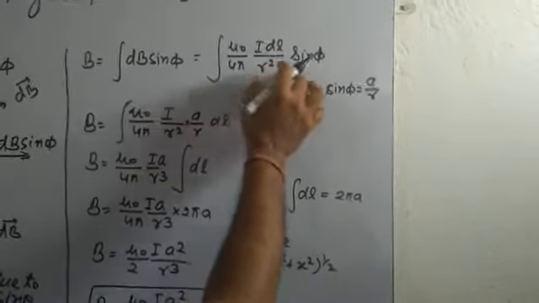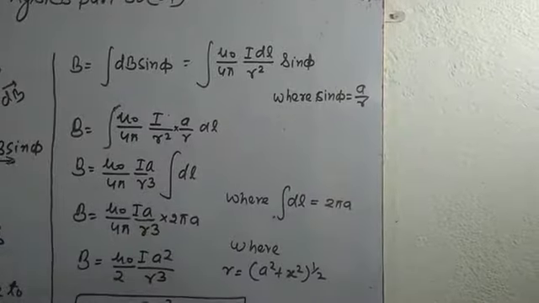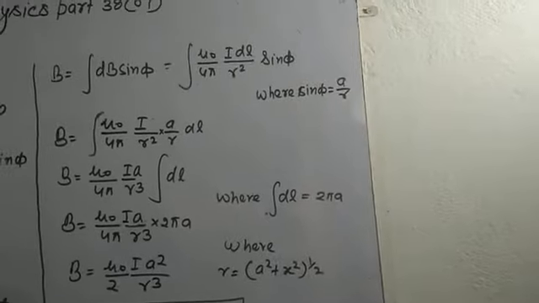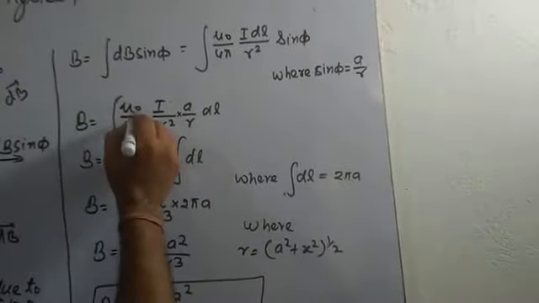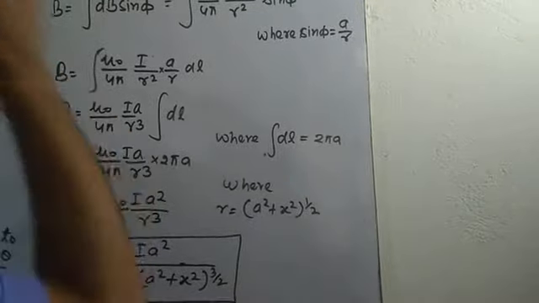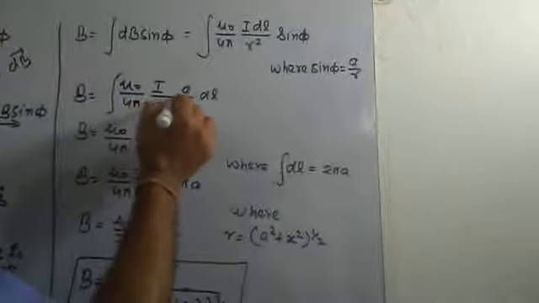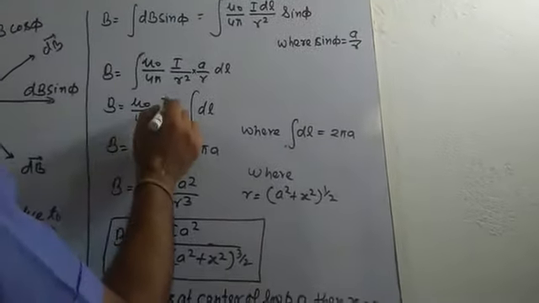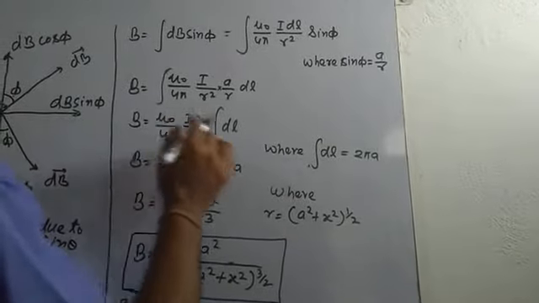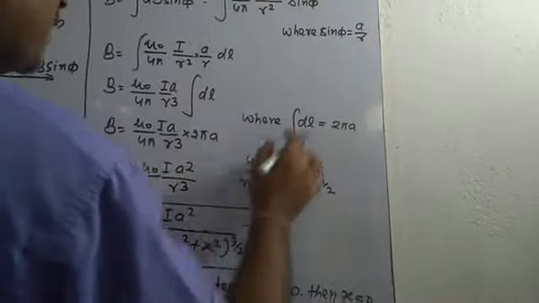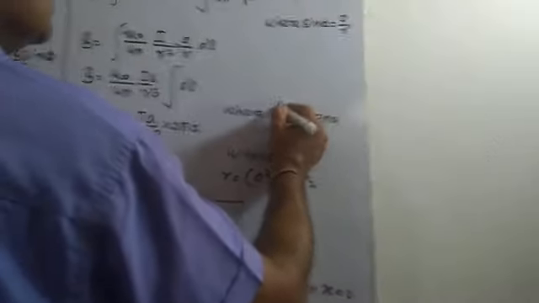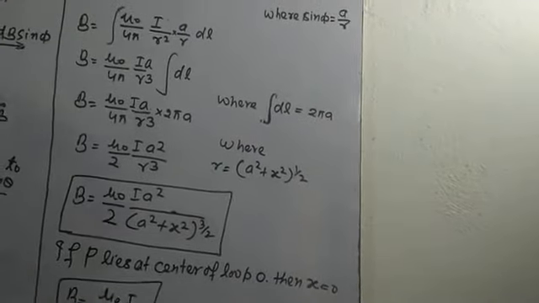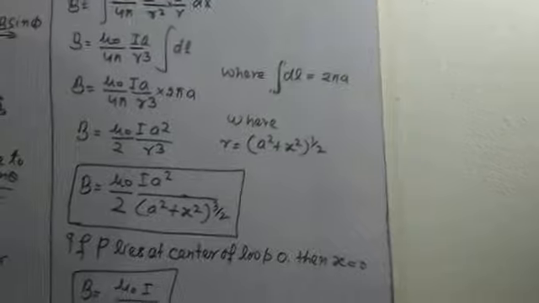where dB is mu naught upon 4 pi I dl upon r square. In the figure, sin phi equals perpendicular upon hypotenuse, a by r. Therefore, B equals mu naught upon 4 pi, integral of I upon r square, a by r, into dl, which is mu naught upon 4 pi I a by r cube, these being constant. The integral of dl means the circumference of this circular loop, that is 2 pi a, where a is the radius.